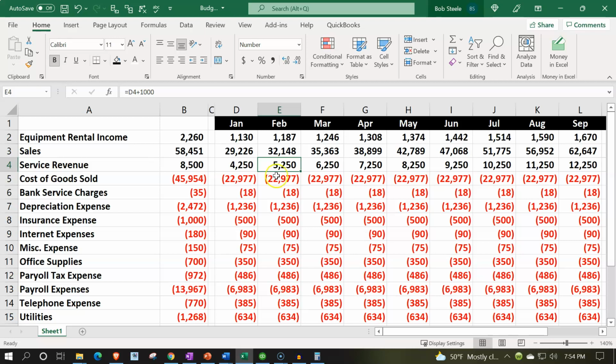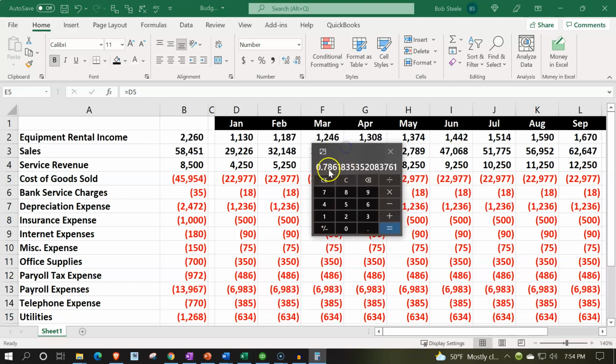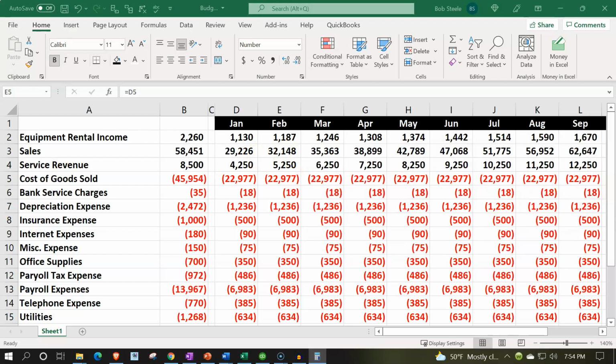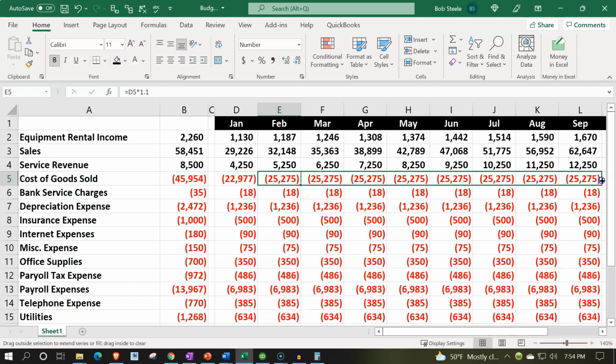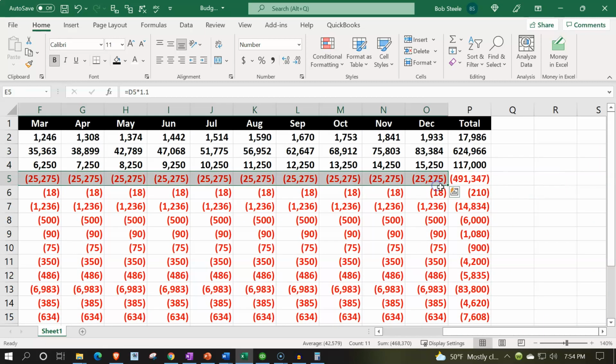Or you could try to think, I'm going to take the cost of goods sold to be all the time 78.5% of the sales line. So what I'm going to do is I'm going to take this February and do the same thing here. I'm going to take this times the 1.1, and then copy that across. So cost of goods sold should be going up by the 10% all the way across.